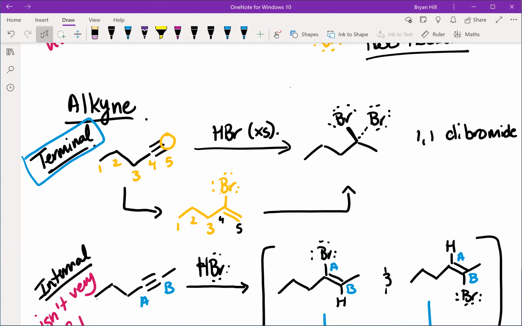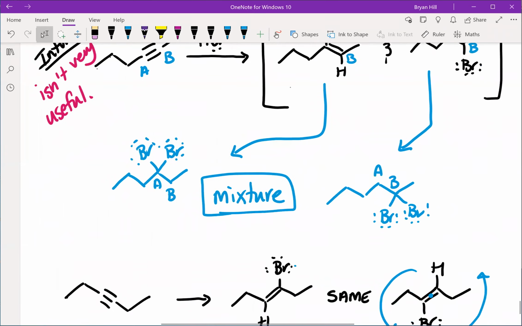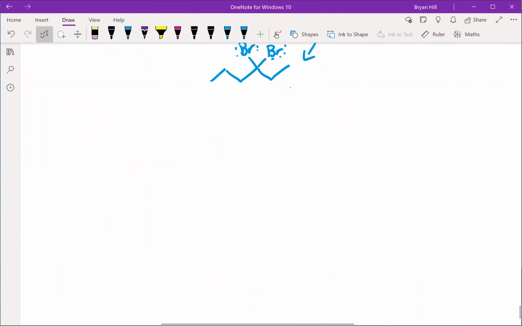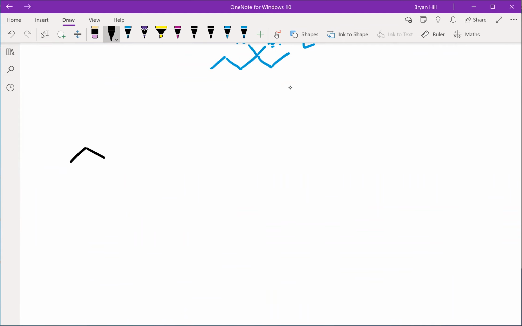For the addition of Br2, the reaction really doesn't matter if it's internal or external. If you've got, say, chloromethane, what we're going to end up doing is brominating each carbon twice.